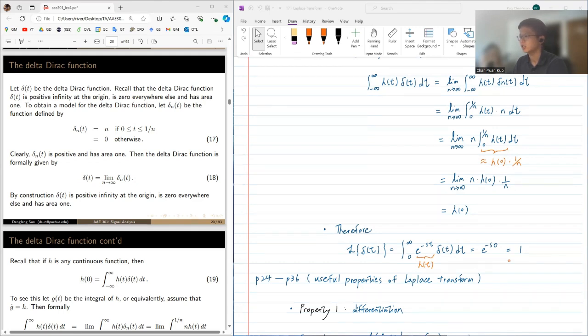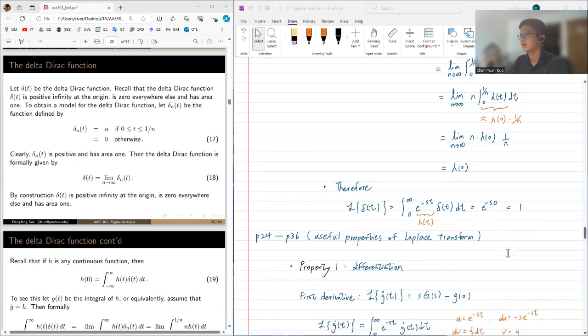And this is actually just going to be the area of the product of e to the negative st and delta t. And so according to the property that we have just derived, we know that this area will equal e to the power of negative s times 0, and this is 1. So that's how we can derive the Laplace transform of the delta Dirac function.